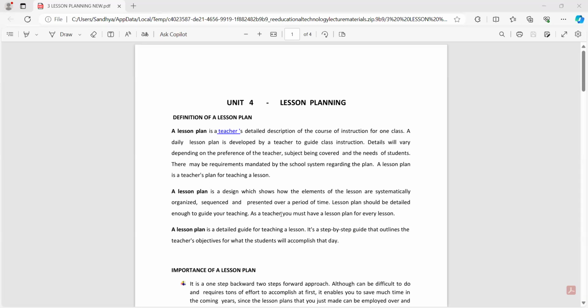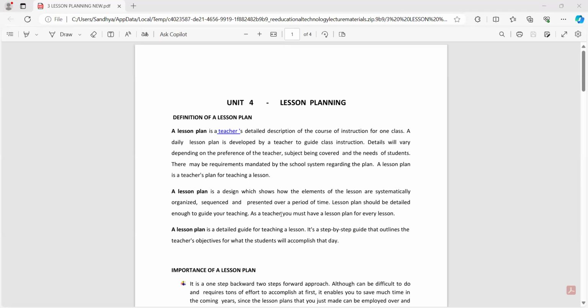Lesson planning means you're planning your lesson, right? Whether it's writing or not, it is a document, it's the plan. So you're planning what you're going to do tomorrow beforehand. It is highly advantageous, lots of advantages. So we are going to look at what those advantages of planning a lesson are.